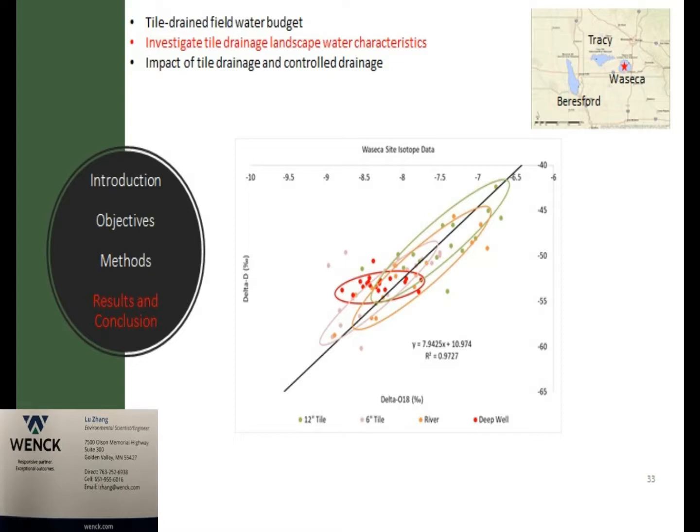But it also gets shallower as the tile moves through, so you have a better chance to receive some precipitation water during the process, which is why the upper part of that big circle is heavier than the deep well signature.